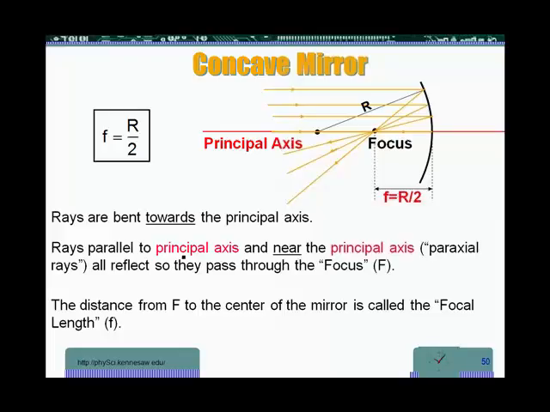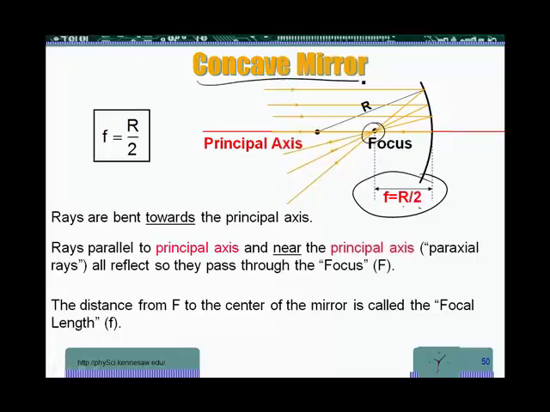With a little geometry that we are not going to do, for thin mirrors, parallel light beams are going to meet at the focus. For large mirrors, it gets a little more complicated. And the focus is going to be half the radius of the mirror. Okay?